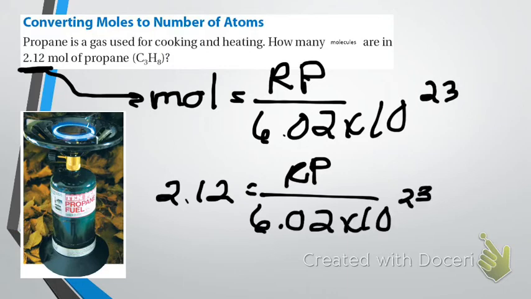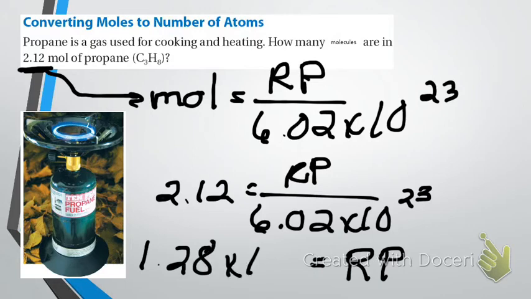I've got to multiply 6.02 times 2.12 to solve for, that'll get representative particles all by itself, and my answer will still be 1.28 times 10 to the 24th RPs.